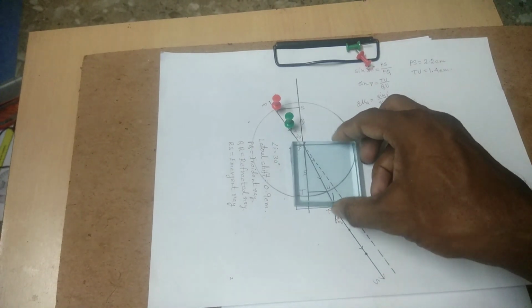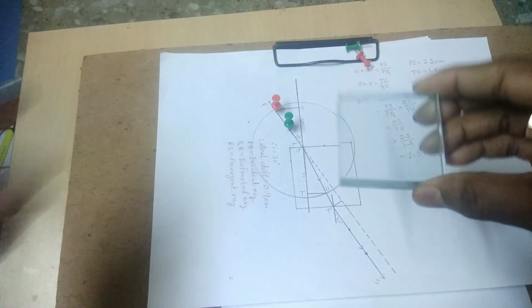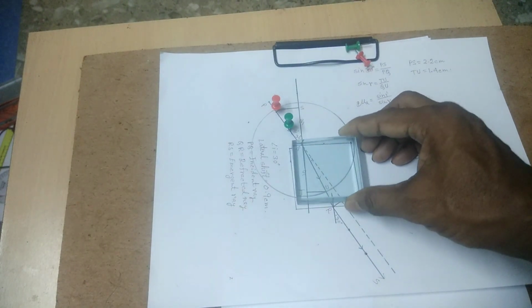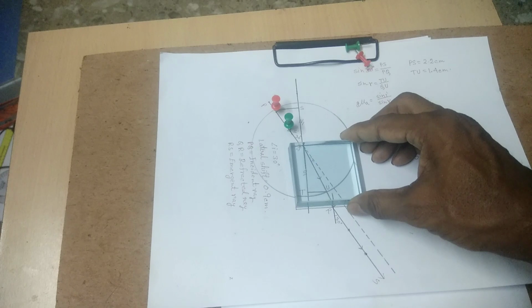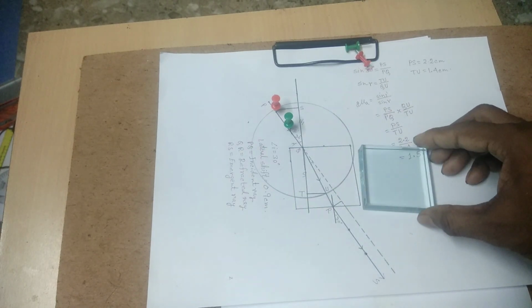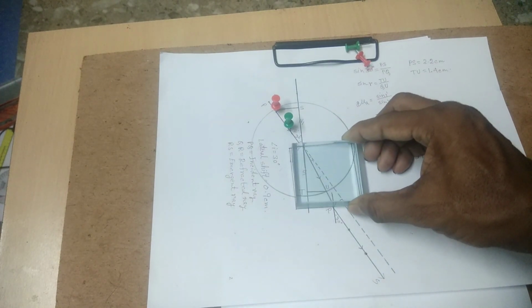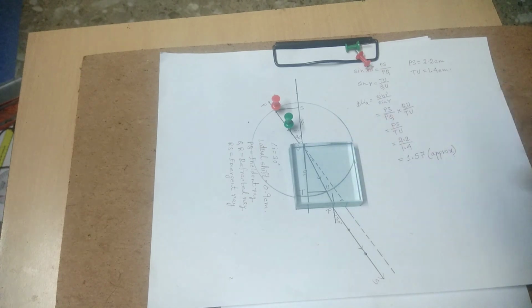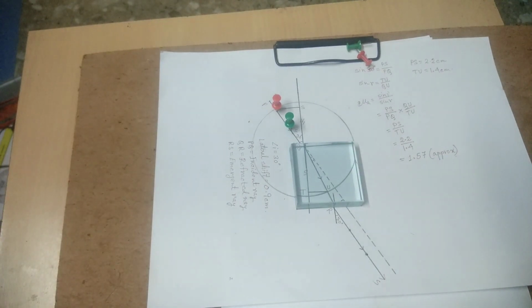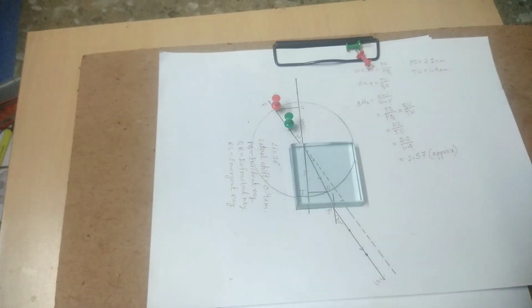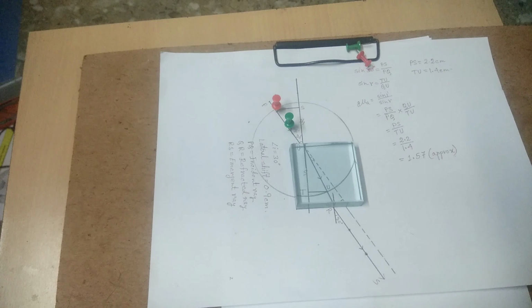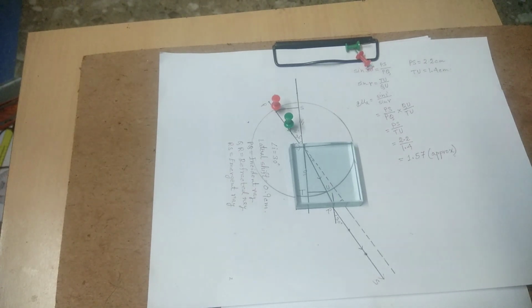Here you see, this is our glass slab. You see this one, right? And with this glass slab we will find the refraction, lateral shift and refractive index. Yes, right? For that, we have to draw the slab.